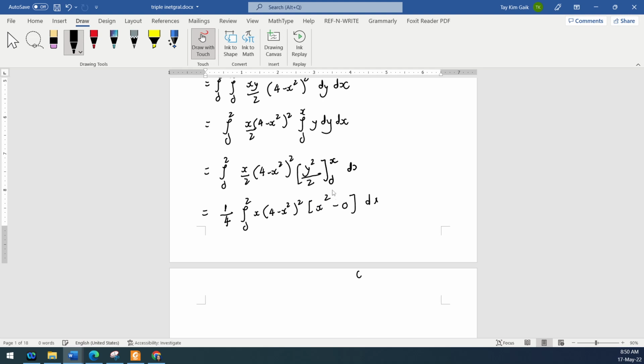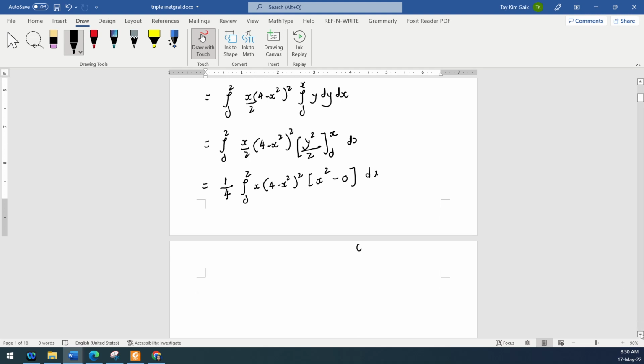So now, simplify, and lastly integrate with respect to x. So you have 1/4, x cubed, 4 minus x squared power 2 dx.